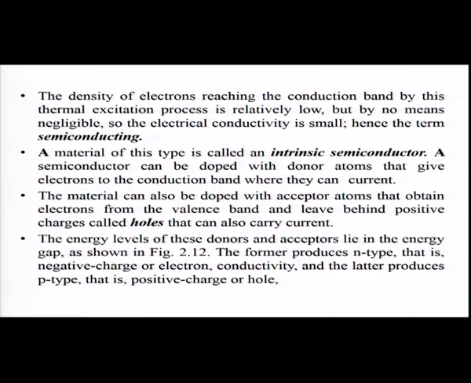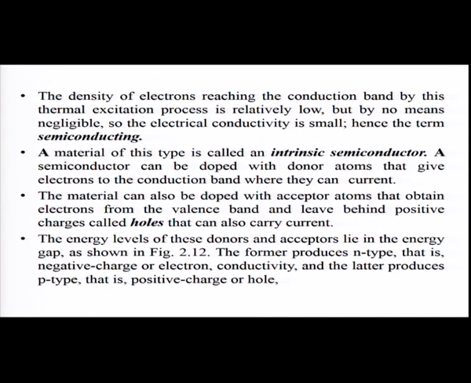This semiconductor can be doped with donor atoms that give electrons to the conduction band, where they can carry current. The material can also be doped with acceptor atoms that obtain electrons from the valency band and leave behind positive charges called holes, which can also carry current.